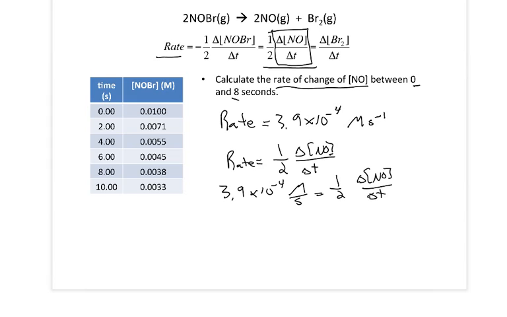All right, so now I just have to multiply by 2, and so I get that the rate of change of NO with respect to time is 7.8 times 10 to the minus 4. This is a pretty easy calculation. The only tricky part is we have to realize that when they ask about the rate of change of a reactant or product, they want the whole thing. They want the change in concentration with respect to time. All right, and we'll do one more example on the next slide.